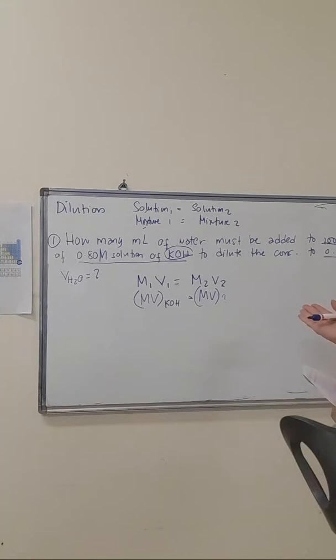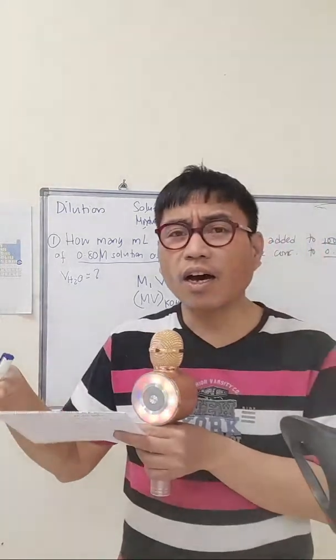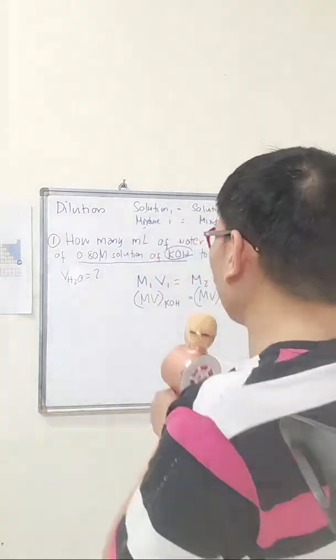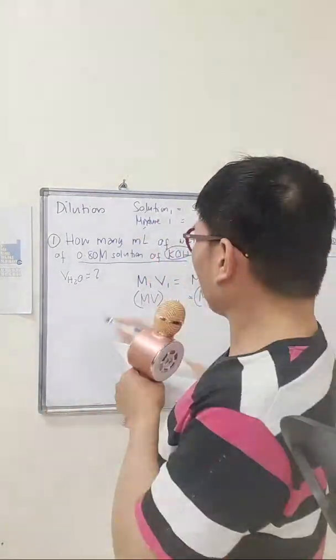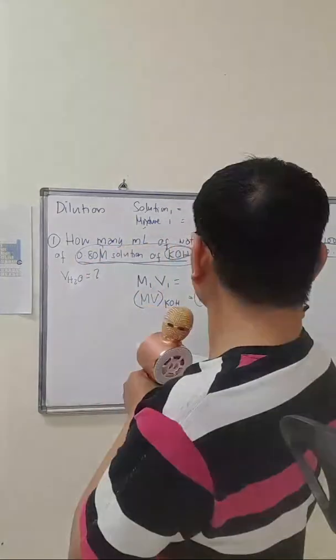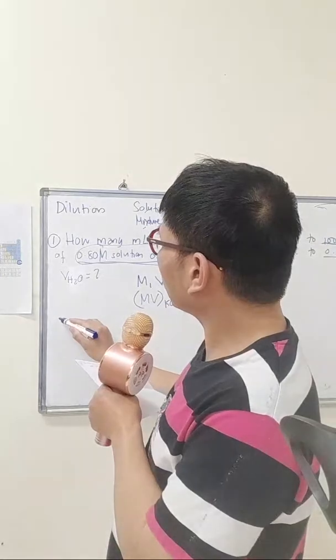So you need to have a new mixture or a new solution through chemical reaction. For example, if you add water, we have 100 ml of this solution of potassium hydroxide. We are now having a chemical reaction.